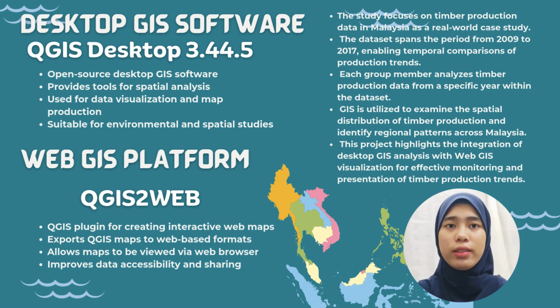By combining desktop GIS for detailed analysis with web GIS for interactive visualization, this project effectively examines the spatial distributions of timber production and highlights regional patterns across Malaysia, supporting better monitoring and decision making in forestry management.